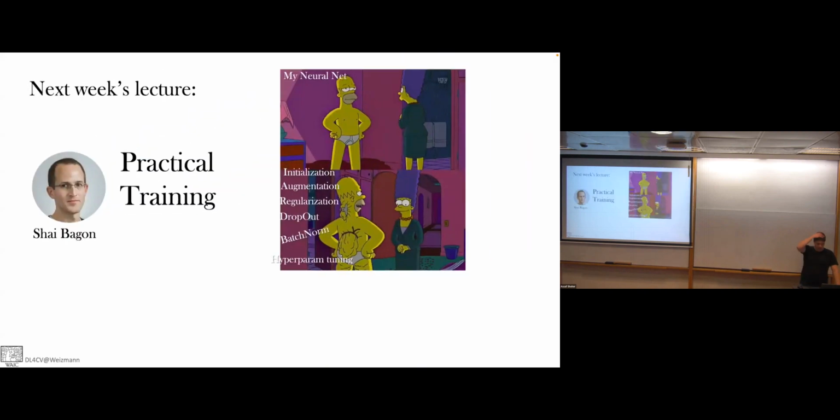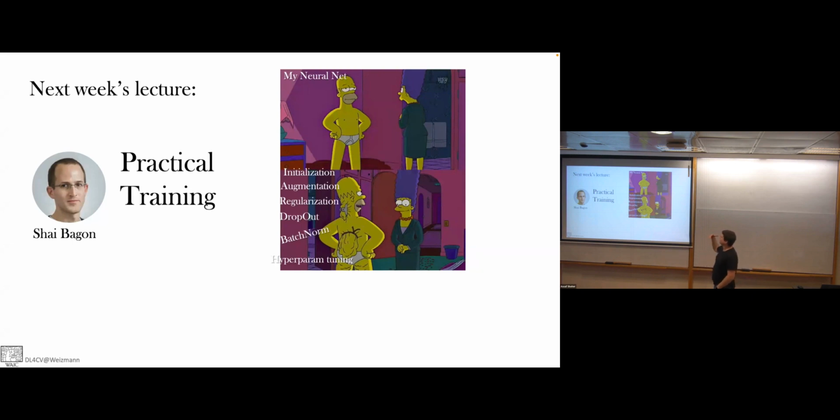That's it. So next week, you're going to have Shai talking about practical training things. What we were doing in these past 3 lectures, we got the structure, the theory, and I presented a picture as if everything is very solid. But in real life, this is much more an empirical science than a theoretical science.